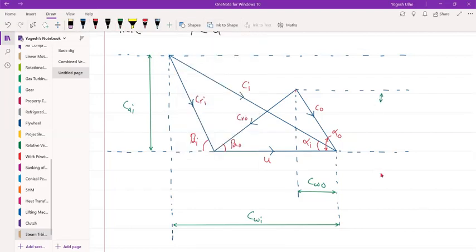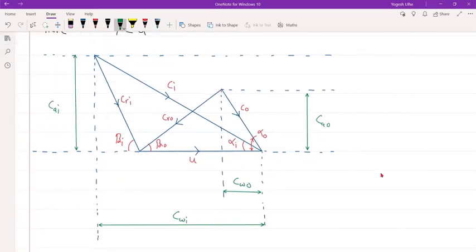This component is what? CaO. Okay. Now guys, are you getting my point, everyone? Yes, sir.